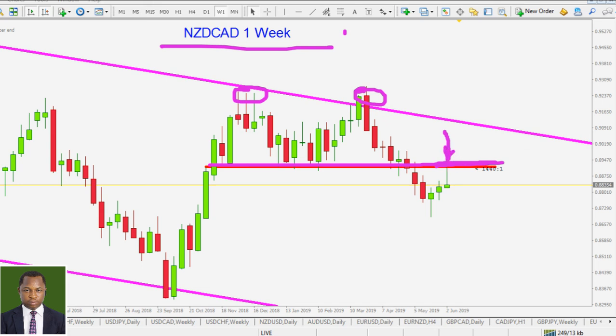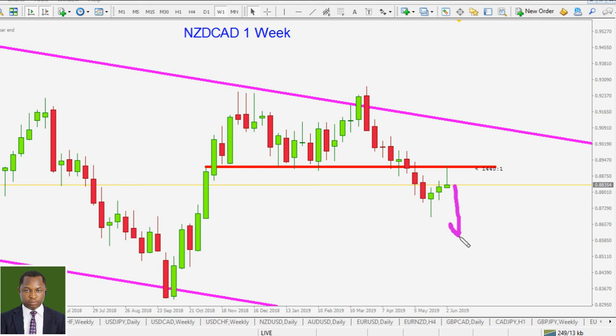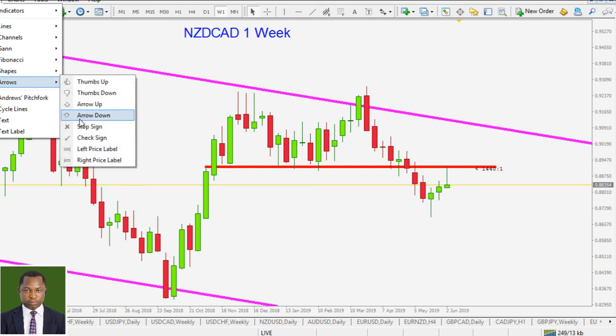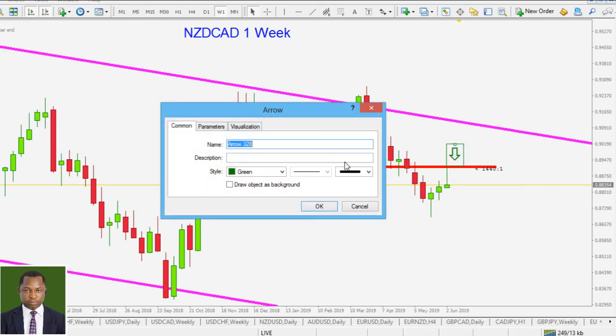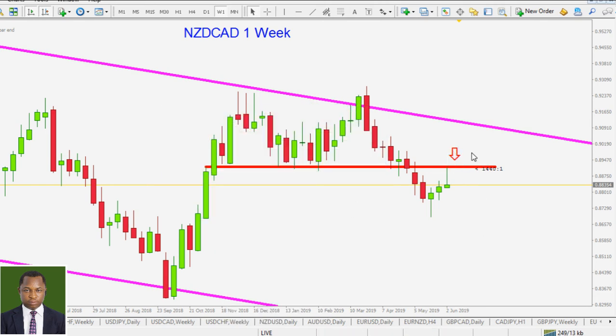All right, that pin bar, I expect to see a drop to the downside for this upcoming trading week. So I'm just going to place an arrow there as well. Okay, going to place a red arrow. Hopefully we are going to see price making some pushes to the downside. So this is another nice one that we need to keep.